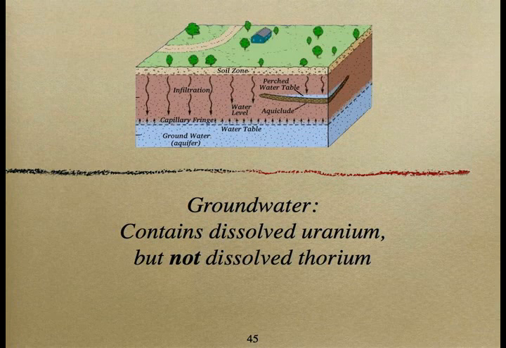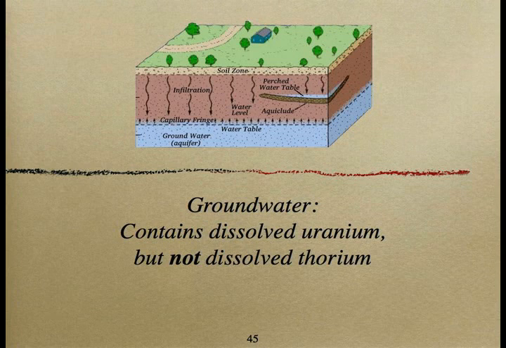What is unique is that groundwater contains dissolved uranium but not dissolved thorium. Right? So uranium is going to decay to thorium. And so if you can find a nodule that was precipitated out of the groundwater and then closed off, you have a chance of dating it. However, there is a little bit of an issue because it's not necessarily a closed system.